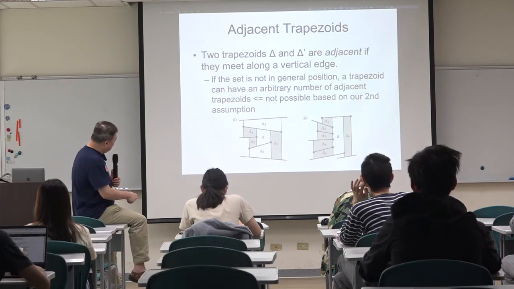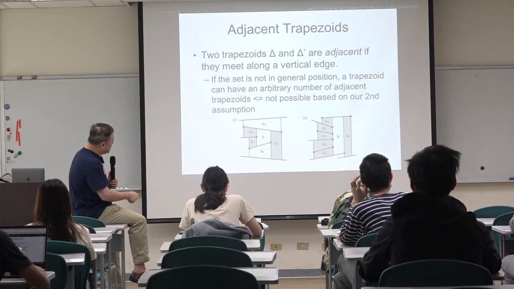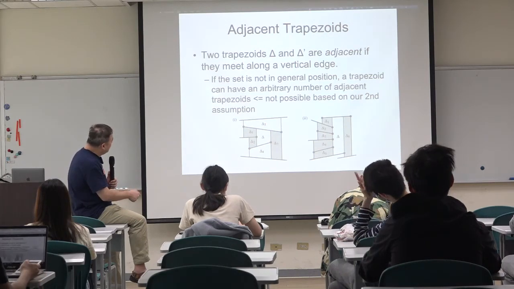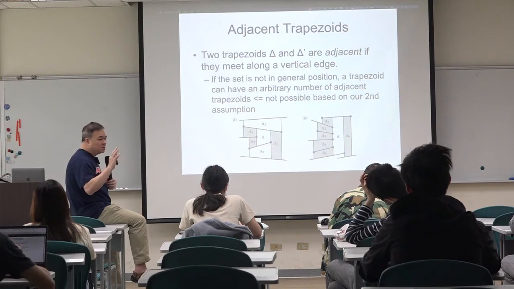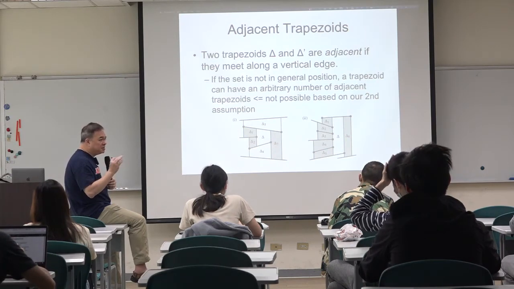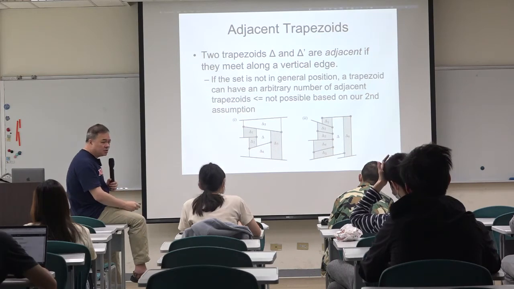We don't consider this trapezoid a neighbor of trapezoid 5 or trapezoid 4, by the way, because they are neighbors only if they share a vertical line, not a top segment or bottom segment. We only consider the left-right neighbor relation.